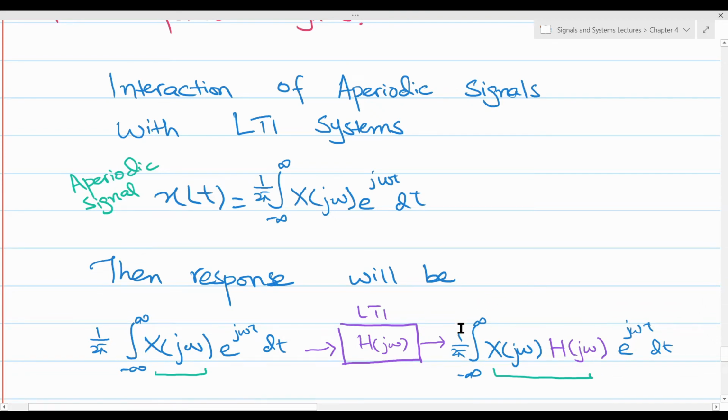And if we compare this synthesis equation with the standard form, we can see that this part here, X of j omega, is the Fourier transform of x of t. So therefore, if this whole output is denoted by y of t, then X of j omega multiplied by H of j omega will be the Fourier transform of the output.